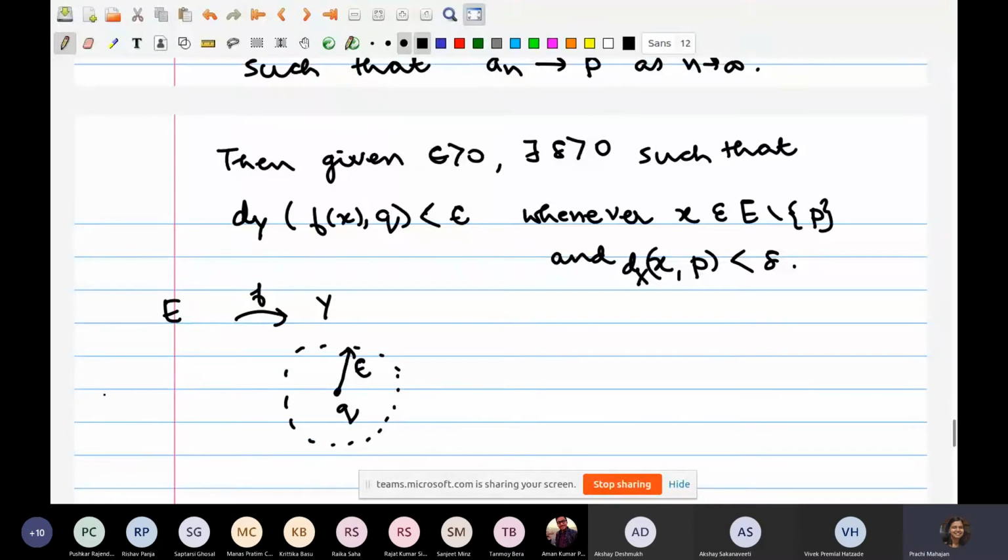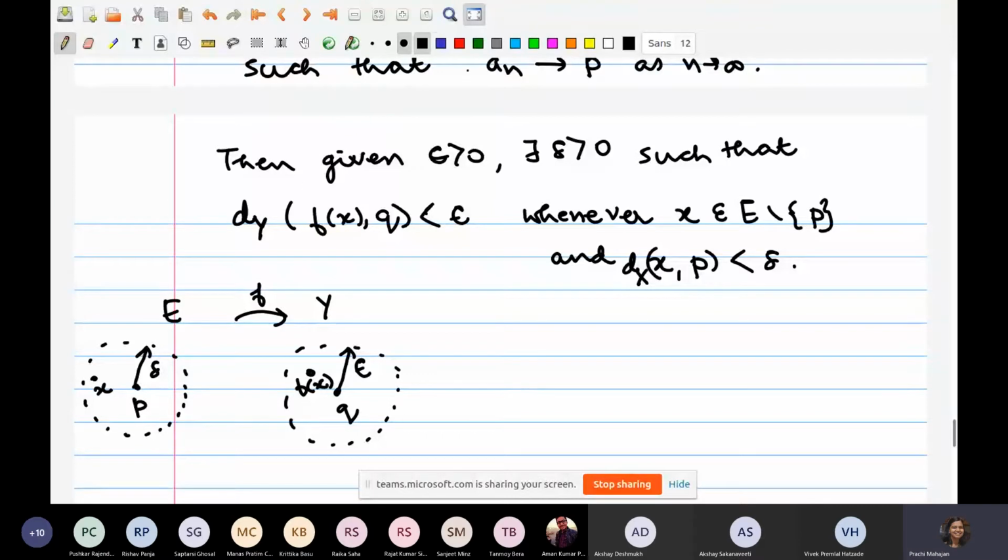Corresponding to this epsilon, I am guaranteed existence of a delta such that if I focus on a delta neighborhood of the point P, then any x here is mapped via f into this epsilon neighborhood of Q. This is true for every x in this delta neighborhood of P except the point P, where the function is not even defined. Correct?